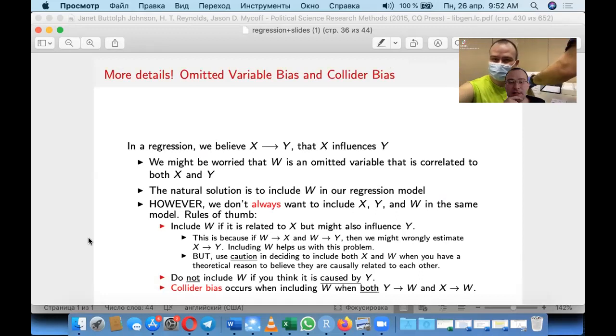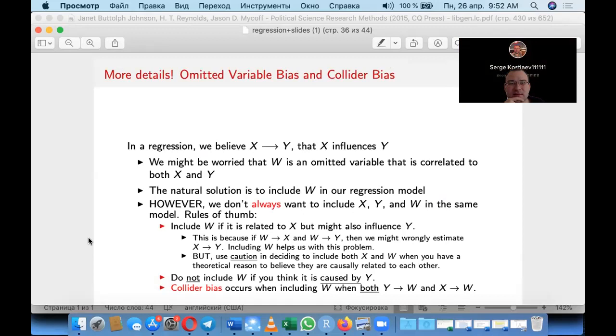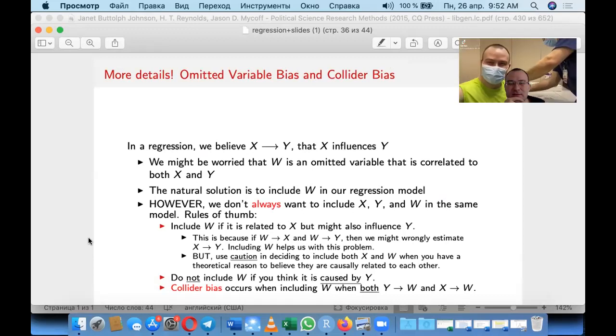However, if this omitted variable which you have included affects both x... Let me see. Yeah.